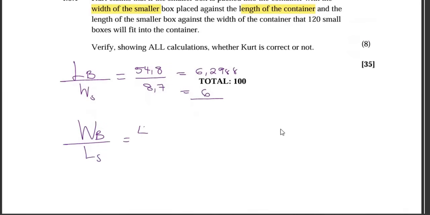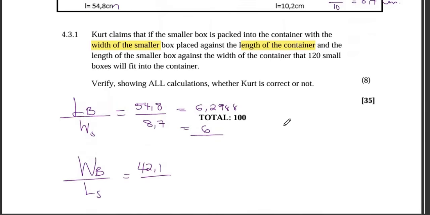So we say 42.1 divided by the length of the smaller box, which is 10.2. Here we end up having 4.127, which is approximately 4.